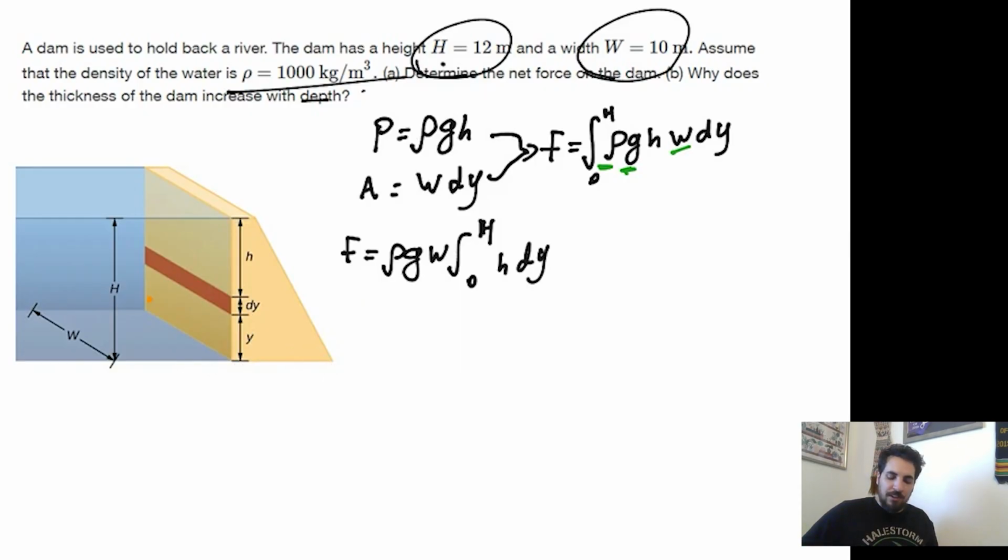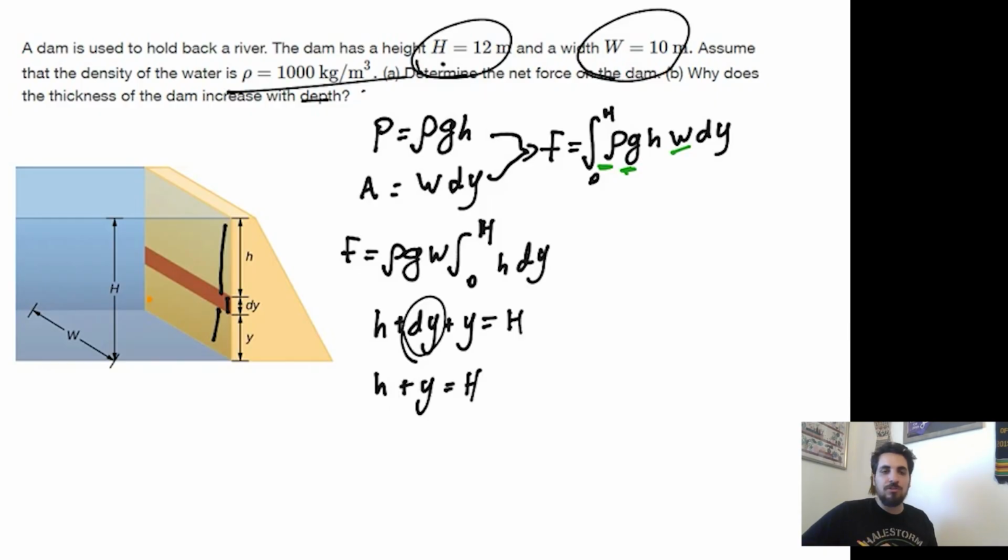But interestingly enough, I know that h plus dy plus y, whatever these values are, must equal the total height. But again, we take the limit as dy goes to 0. In that same limit, we find that h plus y equals capital H. Okay, well, that's great.